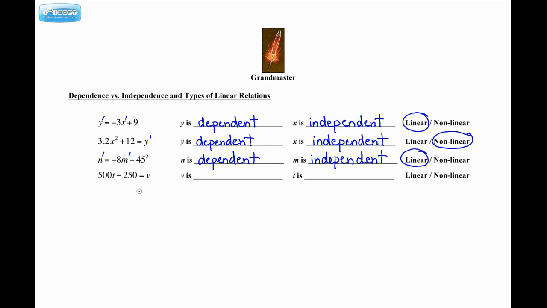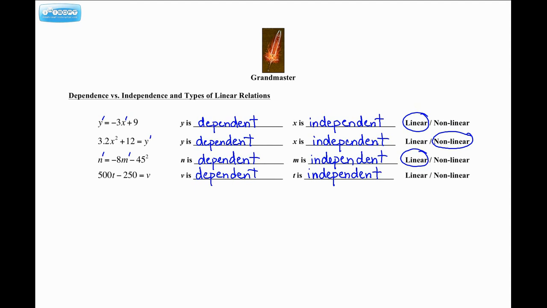All right, last one, v. We're using v and t, so this is an equation. Maybe v means velocity, and maybe t is time. Often we choose specific letters to model what it is we're trying to describe. If you're talking about height, we might use h, t for time, things like that.